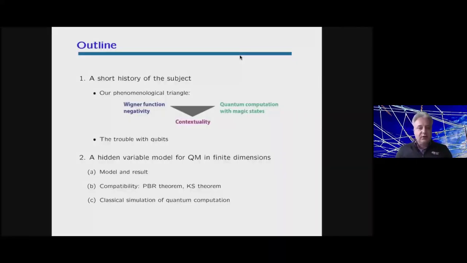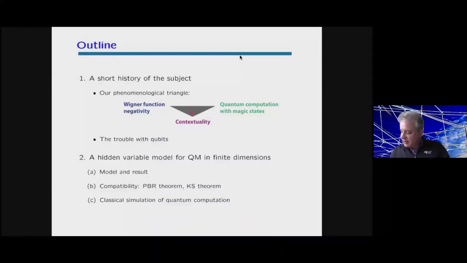Good. So here's an outline of my talk. It has really two parts. The first part is that I want to give you a short history of the subject. And what is our subject? We want to talk about a particular scheme of quantum computation with magic states. We want to talk about the negativity of Wigner function. This is our quintessential resource in this framework.